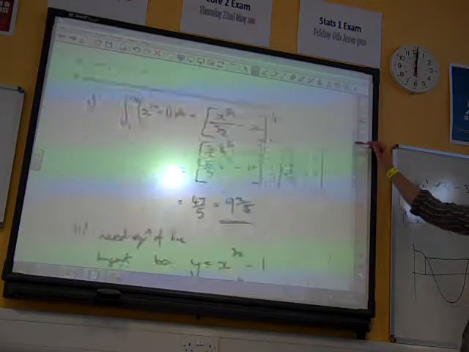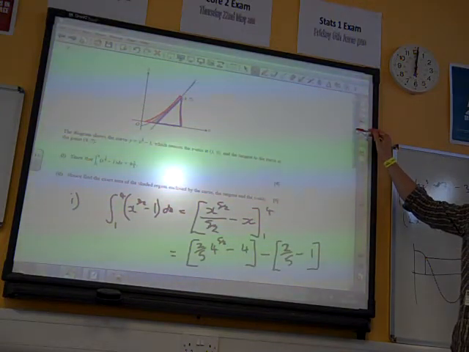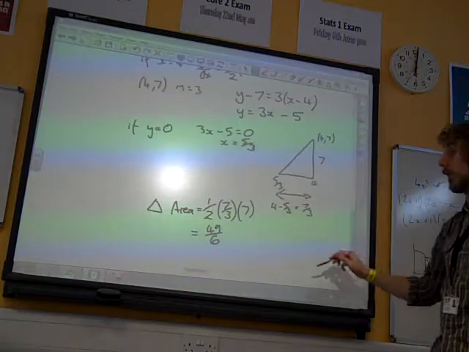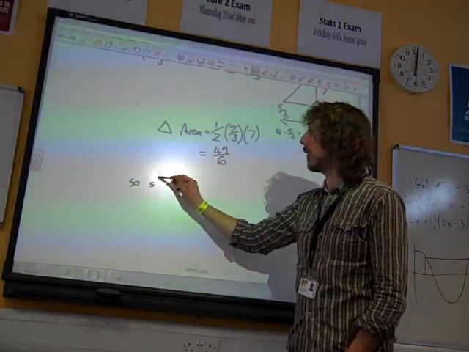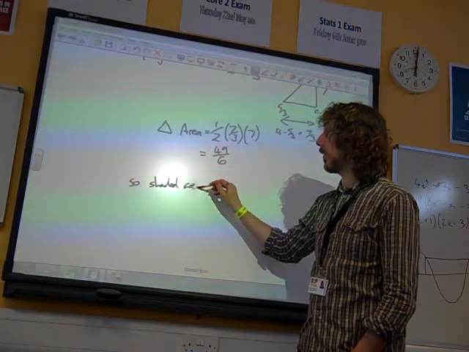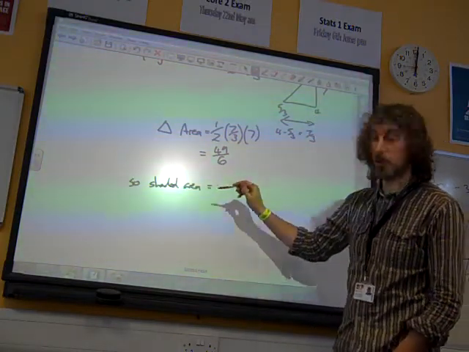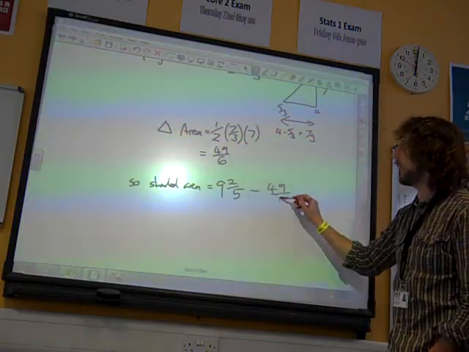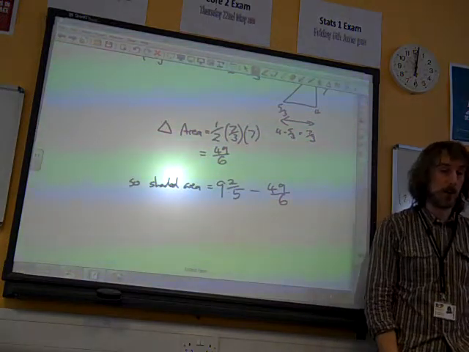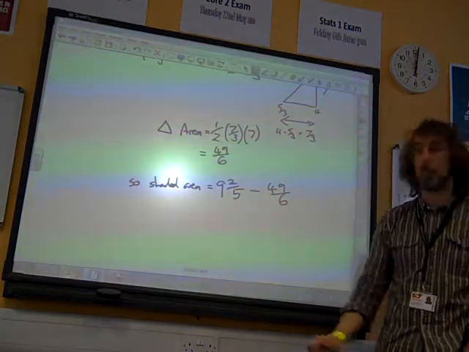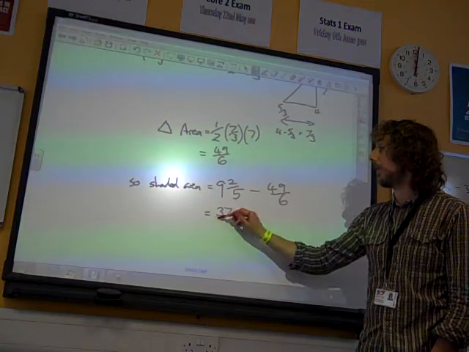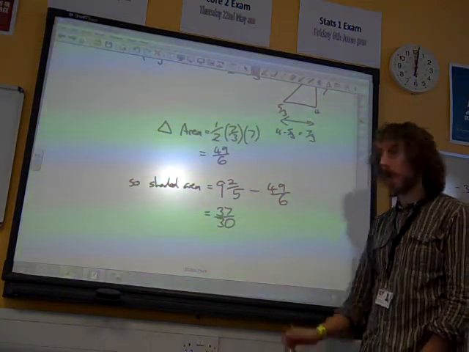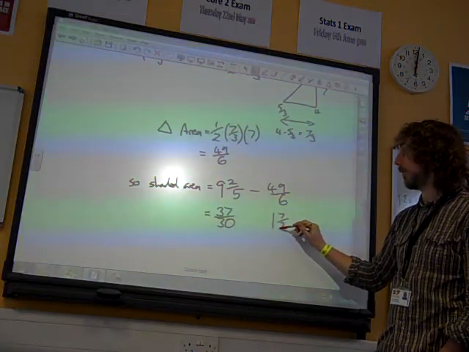And the question wanted me to find the shaded area. We established right at the start the shaded area was the difference between our answer to part 1 and that triangle. So the shaded area is my answer to part 1, which was 9 2/5, take away the area of my triangle, and your calculators are all happy to deal with that and get an answer of 37 over 30, or 1 7/30.